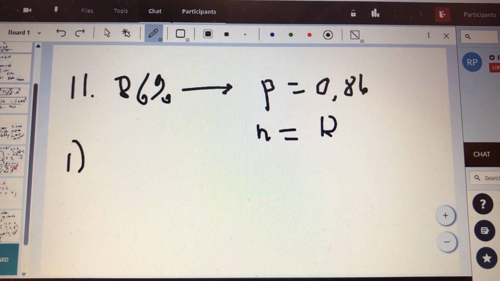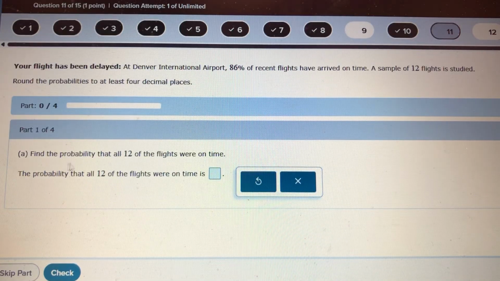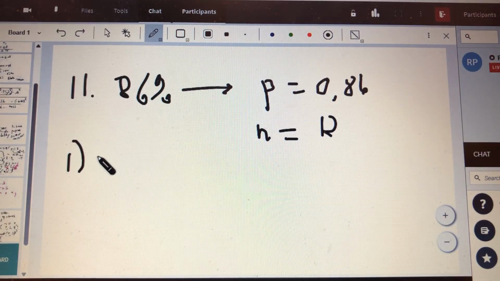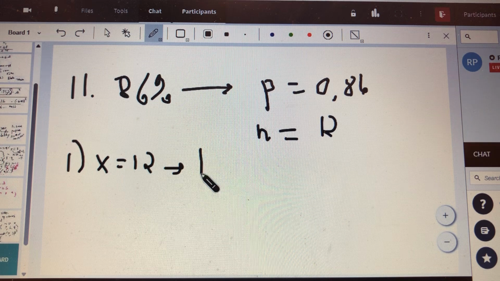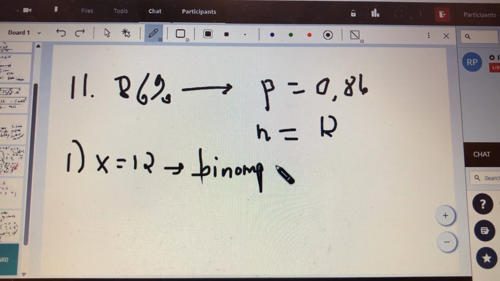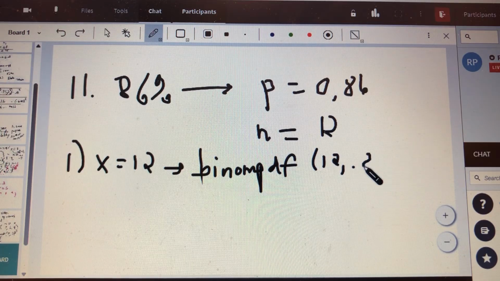Part 1 wants, find the probability that all 12 were on time. So in other words, just 12. So this is where the X is only 12. That's the easiest case. This is binom PDF. There's nothing tricky to a PDF. The N goes first, the P goes second, and the X goes last.